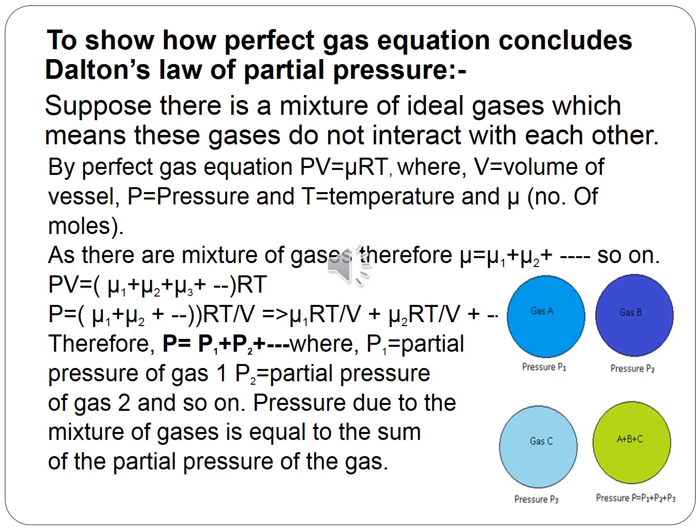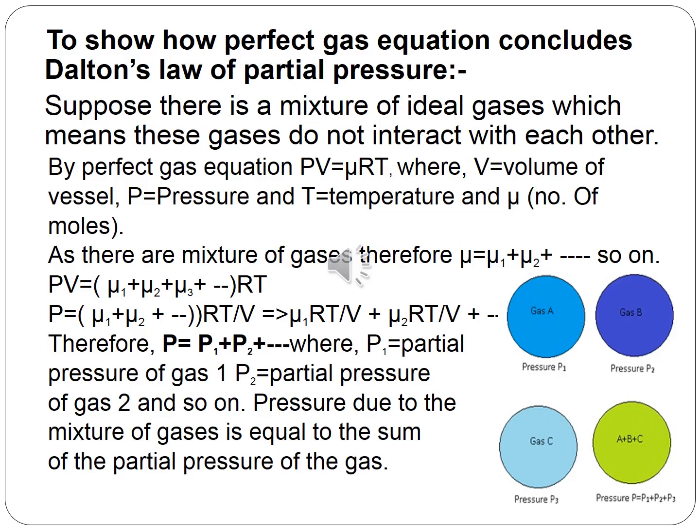As they are a mixture of ideal gases, the total number of moles nu is equal to nu1 plus nu2 plus etc. Then the ideal gas equation takes the form PV equals (nu1 plus nu2 plus etc.) into RT.